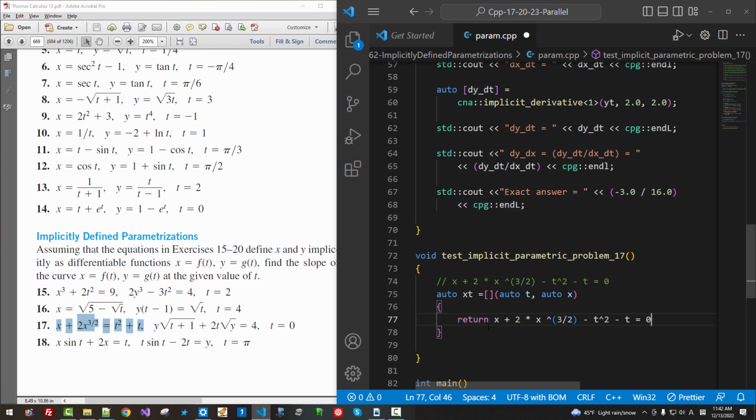Return, paste, semicolon here, semicolon here. Of course, it should be STD pow, x over 3.0, 2.0. This is t times t.